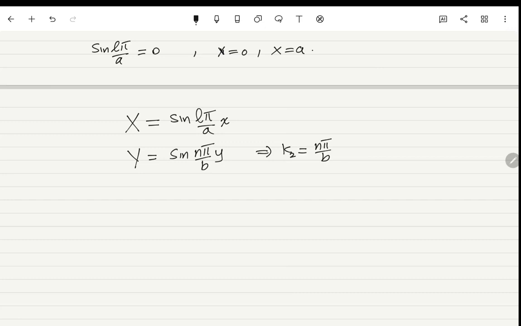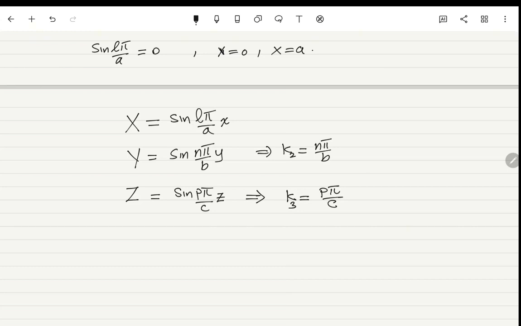Again, following the same procedure, Z will be equal to sine p pi over c z, with k3 equal to p pi over c.